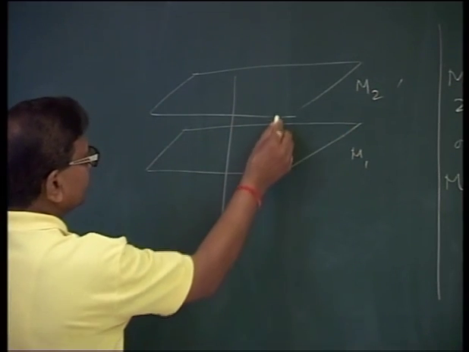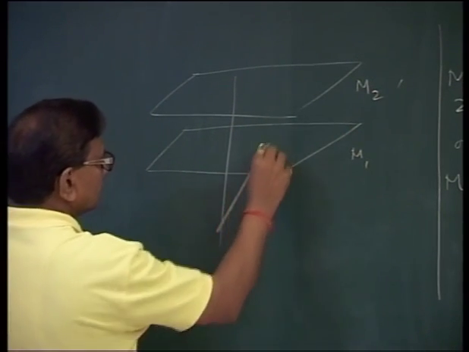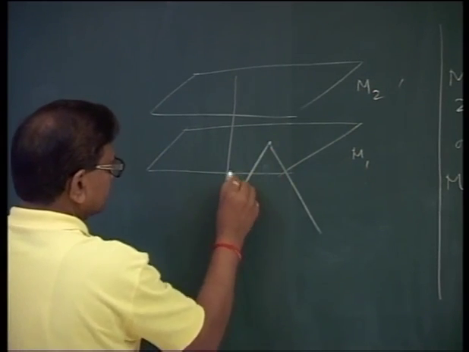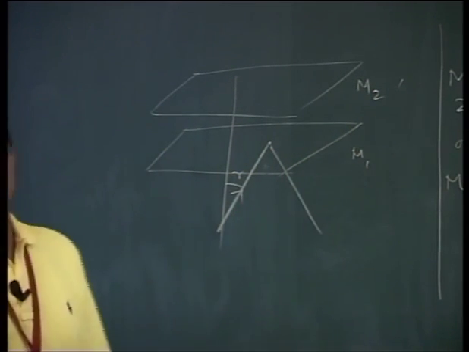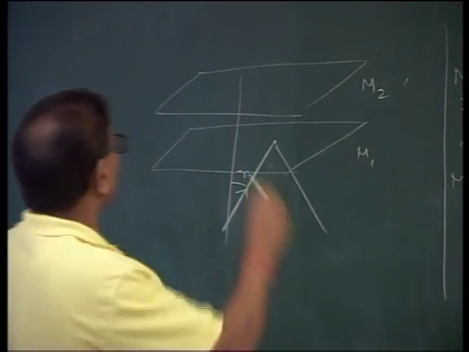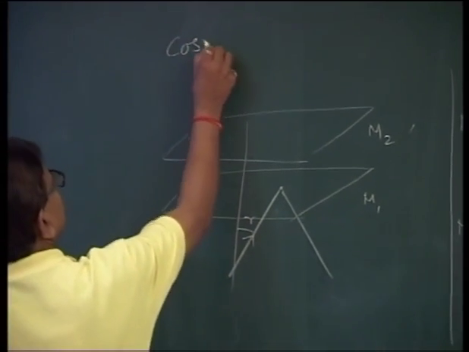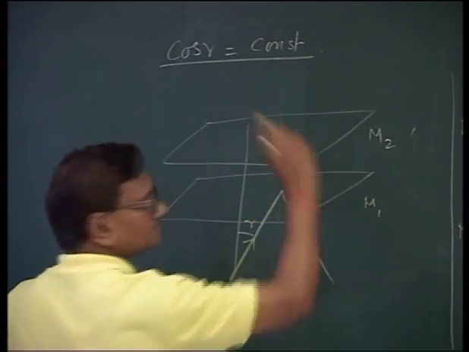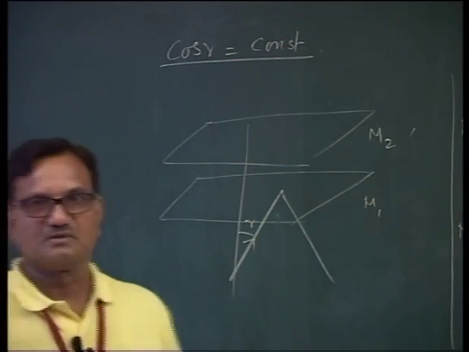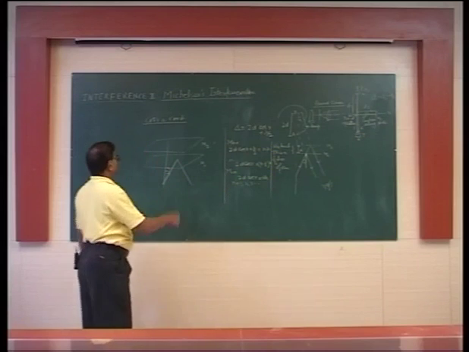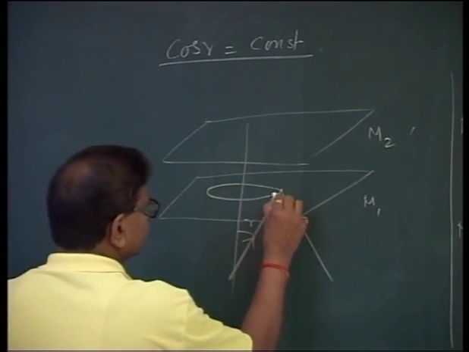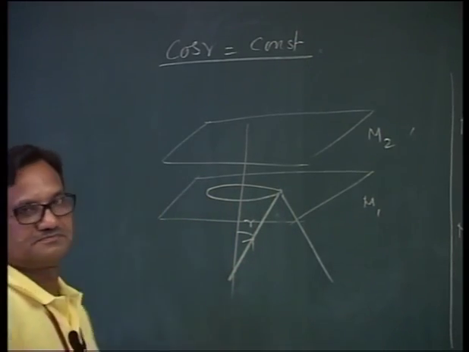The light traveling here, being reflected, see that for cos r to be constant, we shall find that this cos r remains constant on the circumference of a circle.